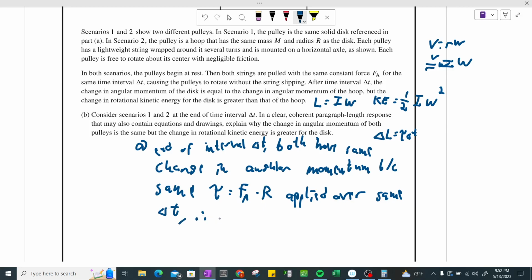Therefore, delta L equals torque delta T implies same delta L for both.